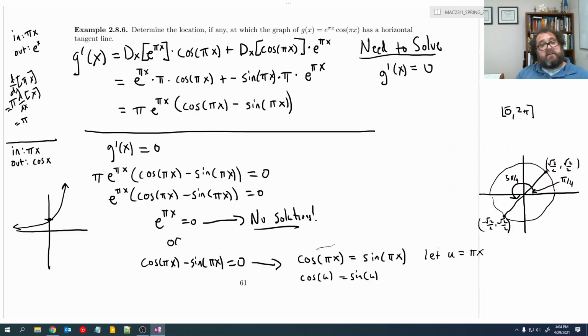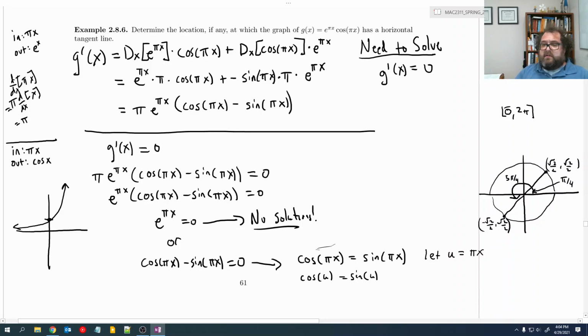Now, if you look at a different interval, well, then you'll have different solutions because this is going to be periodic, and we're going to have different solutions based on the interval of interest.